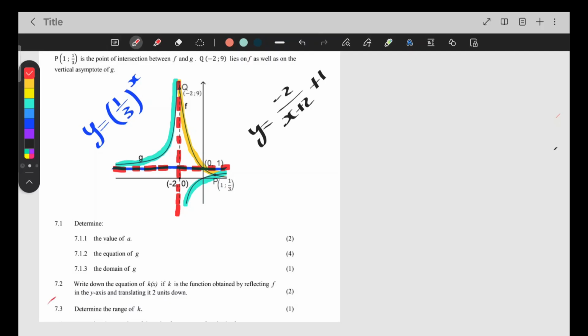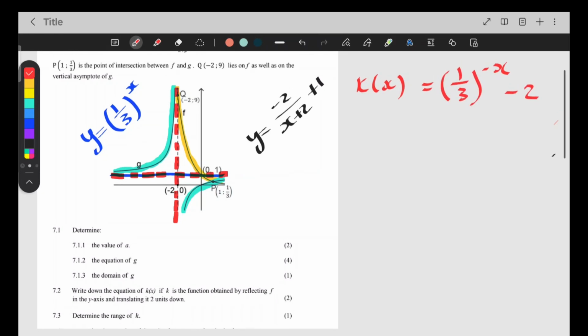Our next question is 7.3. Determine the range of k. Okay, what was k of x again? It was a third to the negative x minus 2. So they want to know what's the range of this. Remember, this graph is now just reflected in the y-axis.